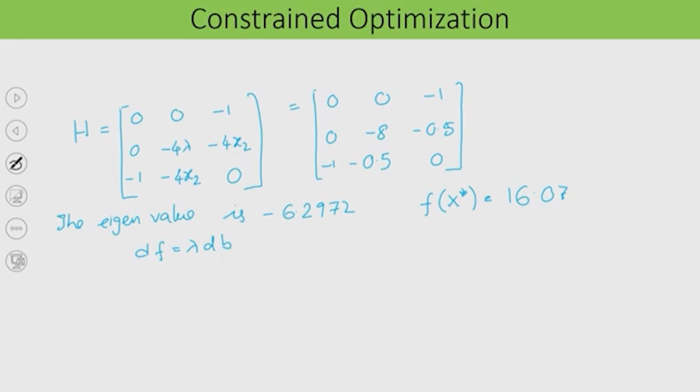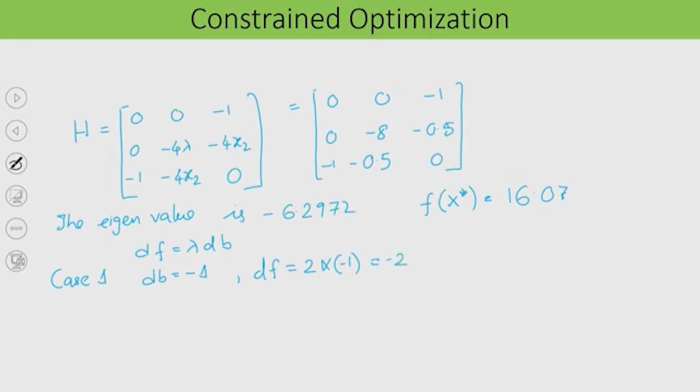Now, suppose case 1, that dB is equal to minus 1, then df is equal to 2 into minus 1, which is equal to minus 2.